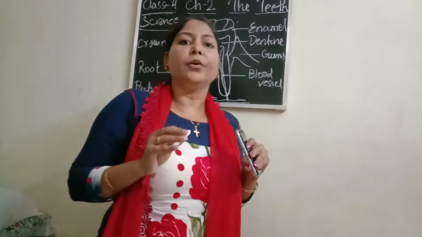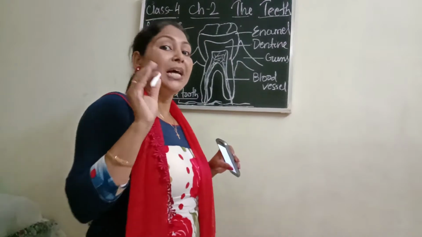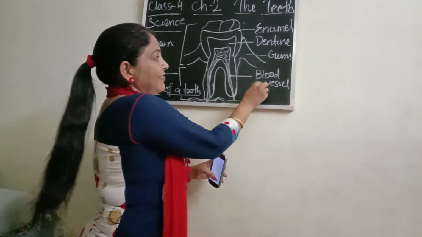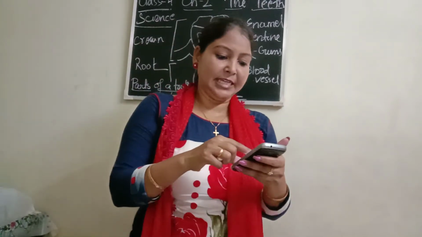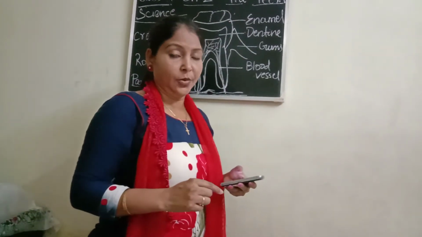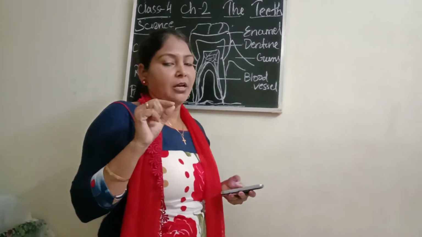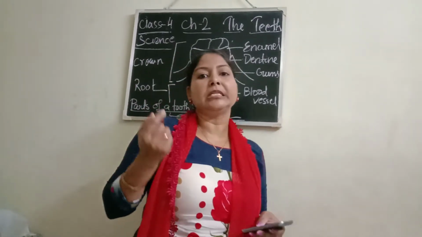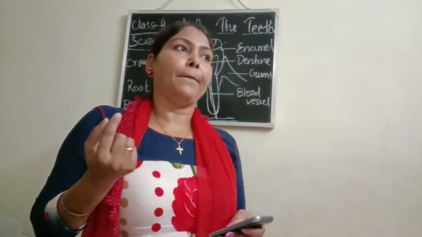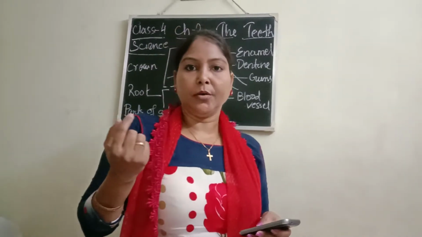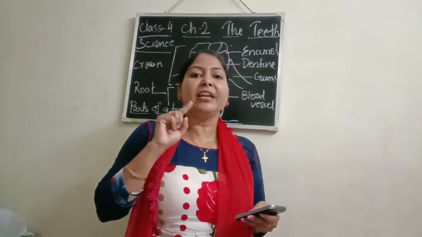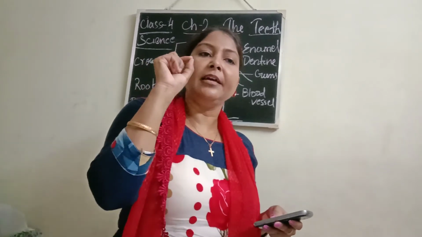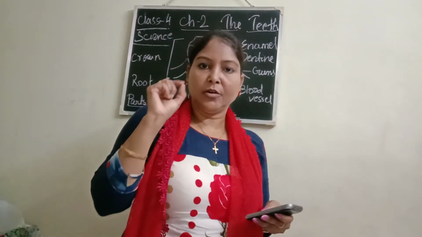And here only you will find the pulp. Now what is the pulp? Pulp is basically the central part of the tooth. Okay, and it is very soft. Now you can notice in this way, suppose you have a tooth broke. Now what happened in that case? The tooth has already fallen down. Now when you just feel with your tongue, you will feel something soft, pulpy thing.